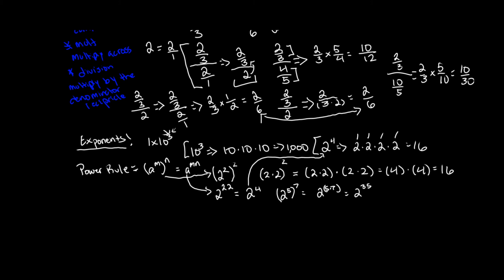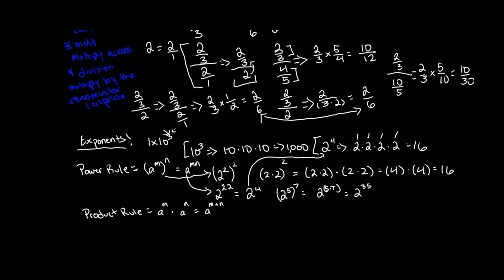Now we need to talk about the product rule. The product rule states that a raised to the m times a raised to the n is equal to a to the m plus n.